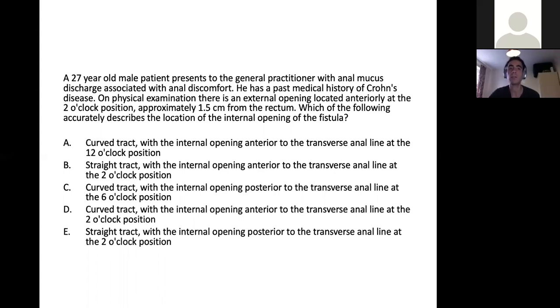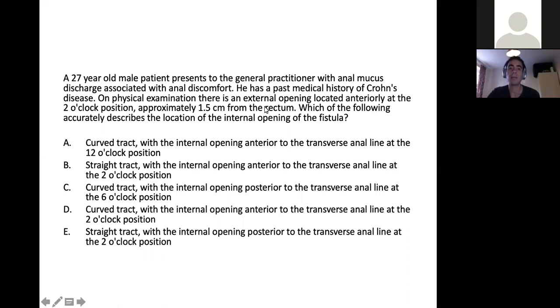Let's go through the question, and then we'll go through a diagram of Goodsall's rule of where to find the internal opening in an anal fistula. It's a 27-year-old male, a relatively young patient, with some discharge and discomfort around the anus. So we already have some indication that there's a fistula.